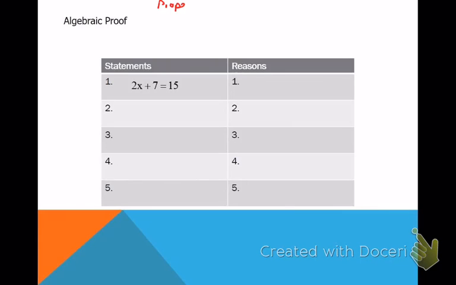And if you want to write these down, the properties that you're going to use could be the addition property, and we can abbreviate it prop. Could be the subtraction property. Could be the multiplication property.